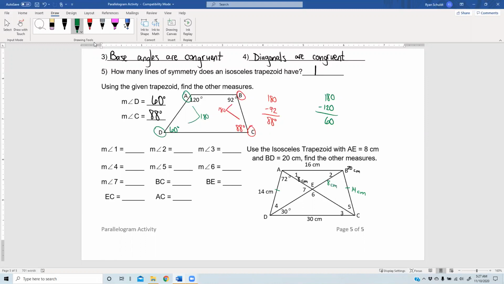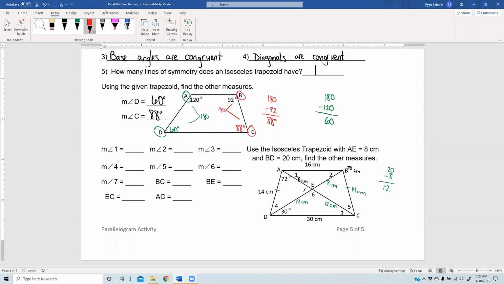If B to E is 8 centimeters, how much does that leave me to get from E to D? Well, 20 minus 8 gives you 12. So this is going to be 12 centimeters, which means this one is 12 centimeters. So I've labeled all my segments.